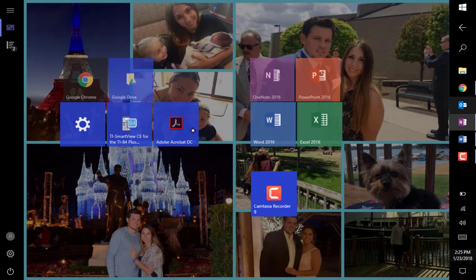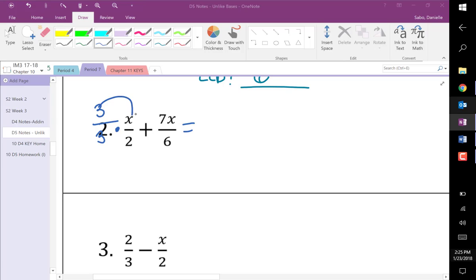All right, here we go. 3 times x is 3x. We should know that. At this point, you could probably just write it all over one fraction. Let's start learning how to skip some steps here. You don't have to write both different fractions every single time, because no matter what, it's going to be all over your LCD. Always and forever. Okay, then we have 7x, so plus 7x.